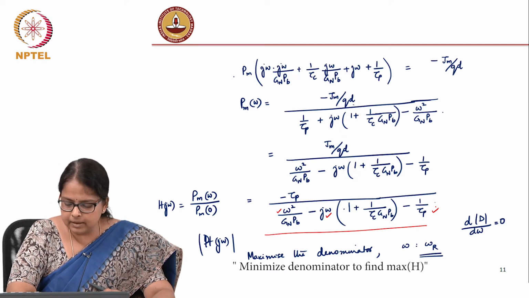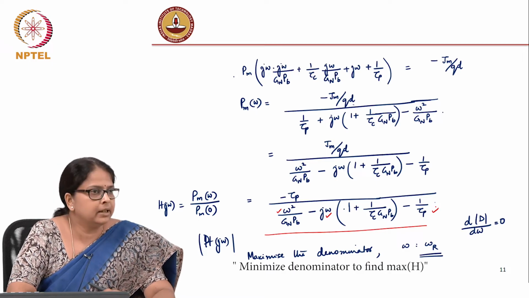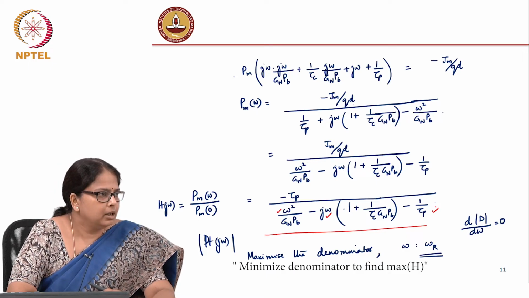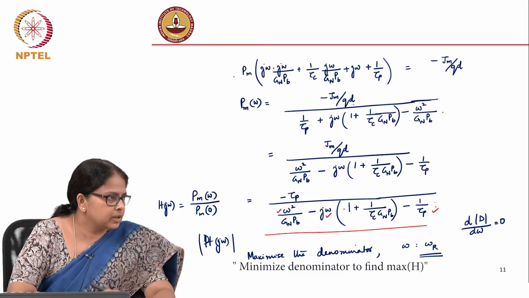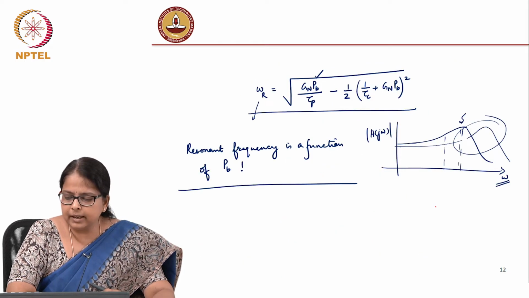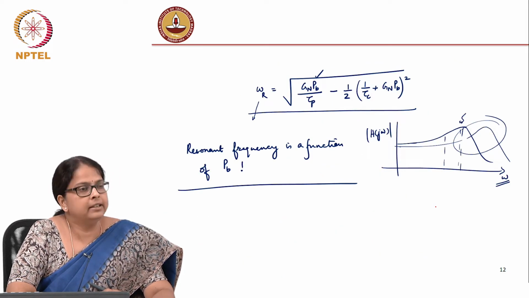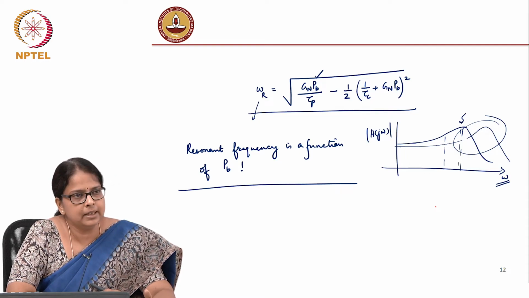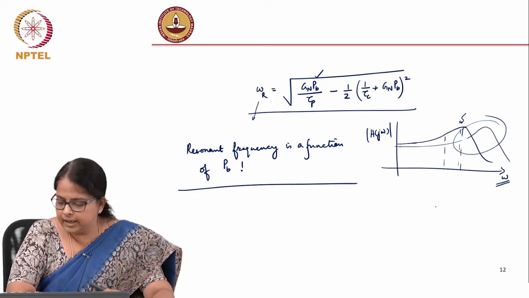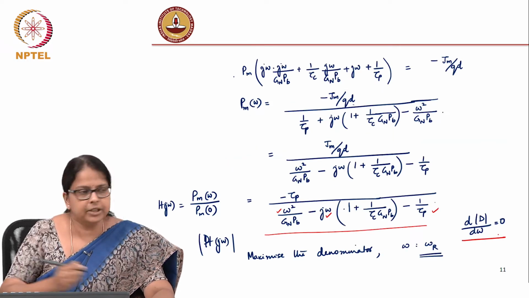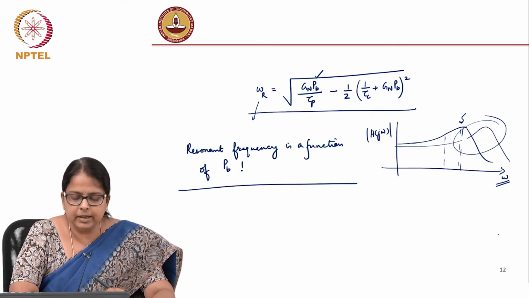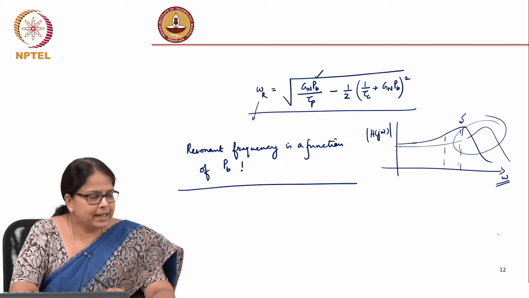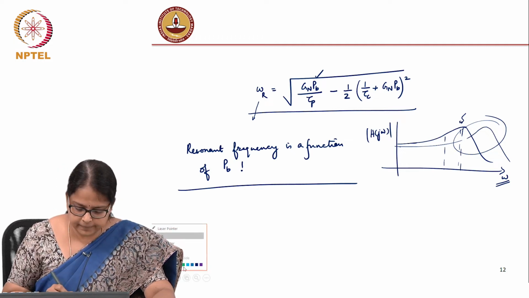But remember, this has amplitude, frequency and phase response. So, you will do the magnitude response, taking d by d omega of the magnitude of the denominator equal to 0. This is the condition you are applying. With that, you will end up with the resonant frequency, and that resonant frequency turns out to be interesting.